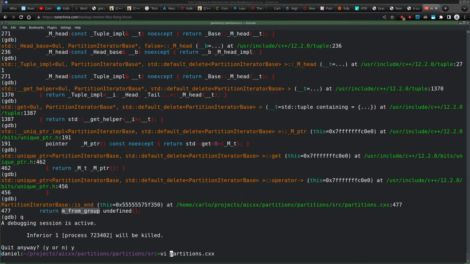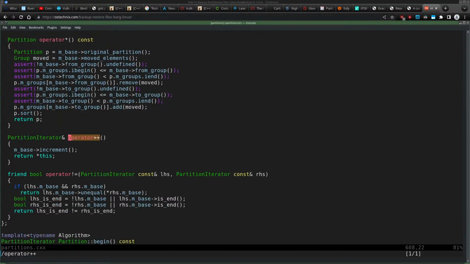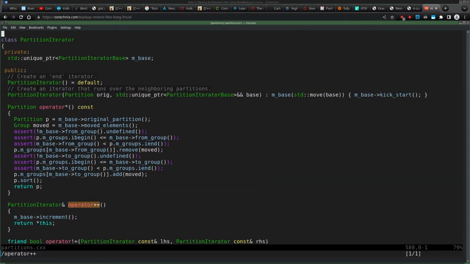Oops, not move. So let's see, that is in operator plus plus of the single... no, increment.